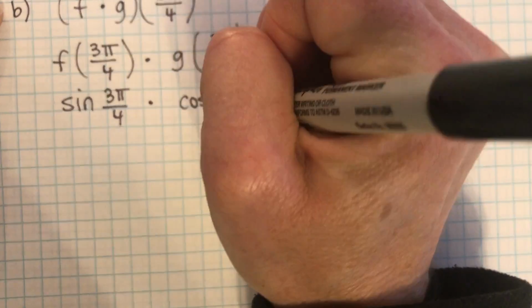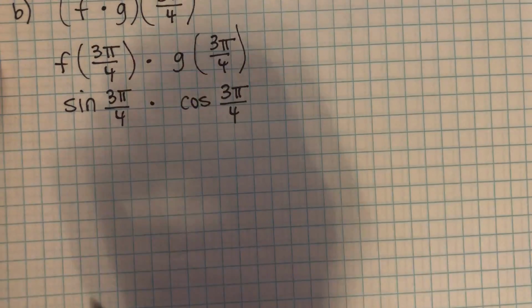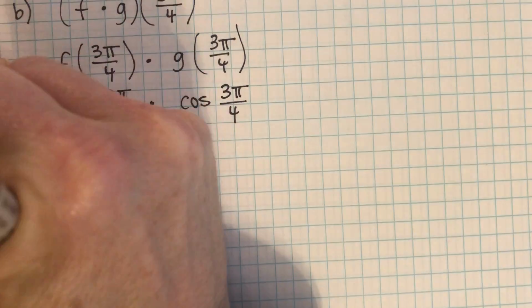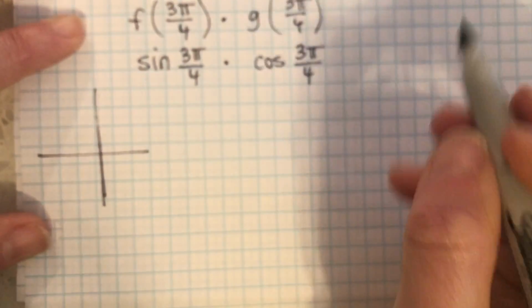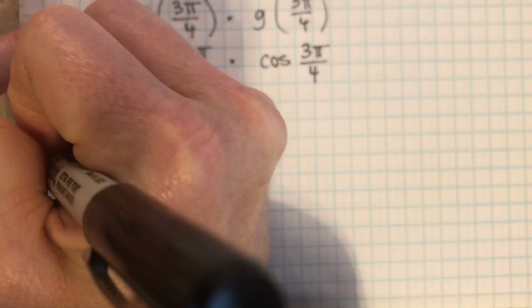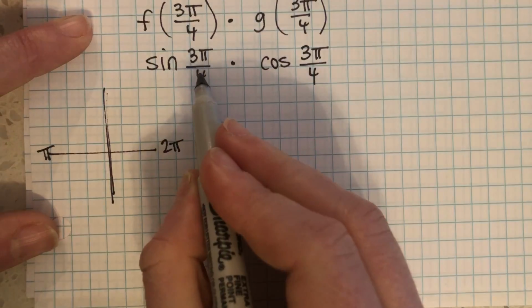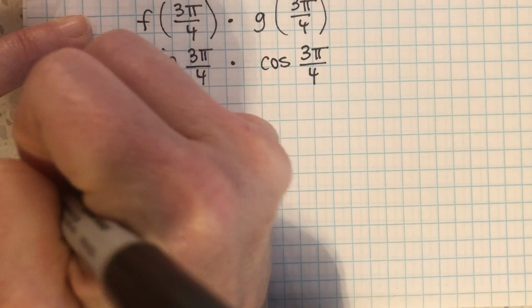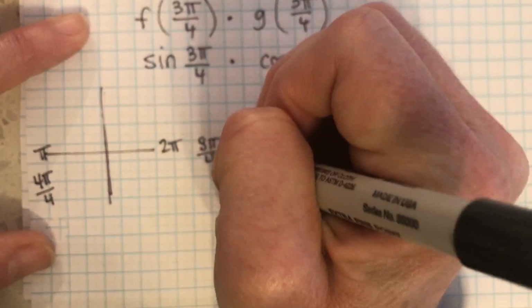And now we've got to figure out what ratios these are. All right, well, sine of 3 pi over 4. Where does 3 pi over 4 land? Well, let's get our anchors. This is pi over here, halfway around, and this is 2 pi. So in the world of pi's over 4, this is 4 pi over 4, and this is 8 pi over 4.